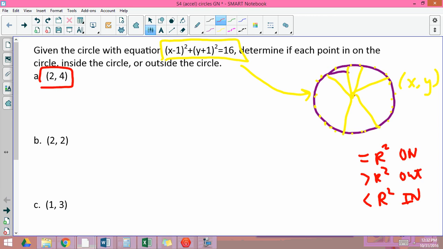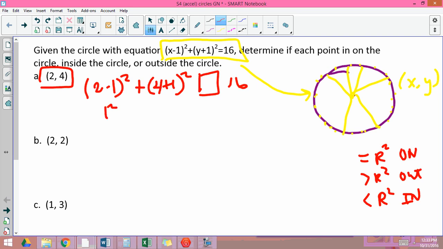And if you think about that, that should feel pretty solid common sense. So now it's just a substitute and solve situation. Does 2 minus 1, the quantity squared, plus 4 plus 1, the quantity squared, how does that relate to 16? Is it going to be equal, greater than, or less than?